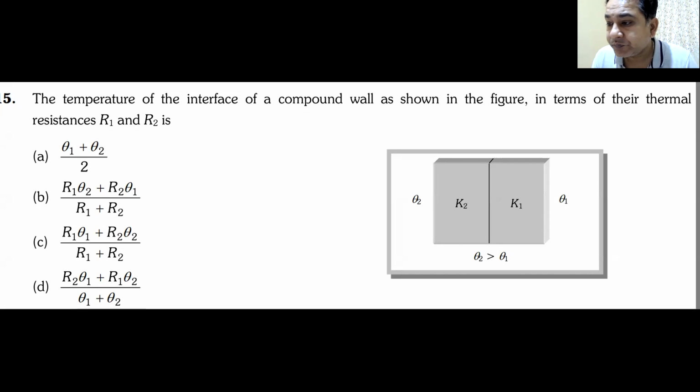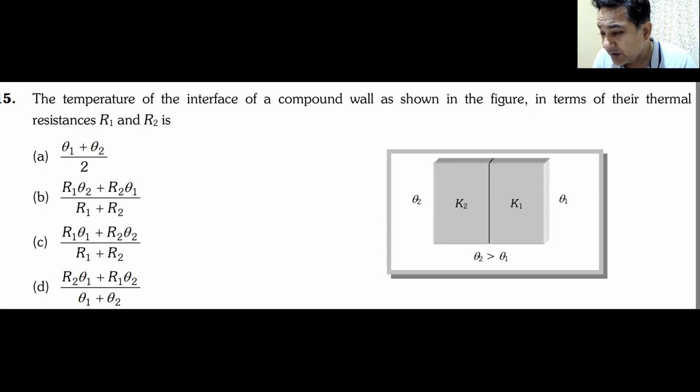This problem will give you an idea of what will happen if you have 2 slabs or 3 slabs or 4 slabs or 5 slabs put like this. The temperature of the interface of the compound wall, as shown in the figure, in terms of their thermal resistances R1 and R2.